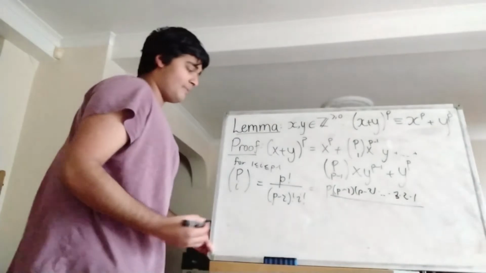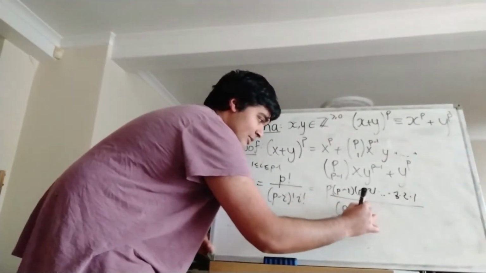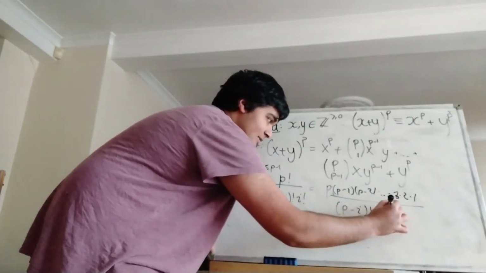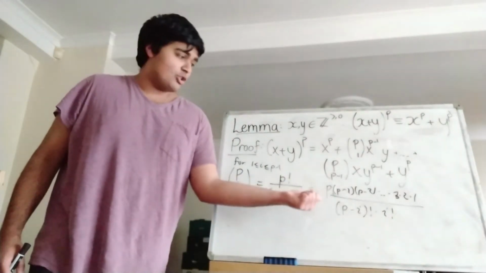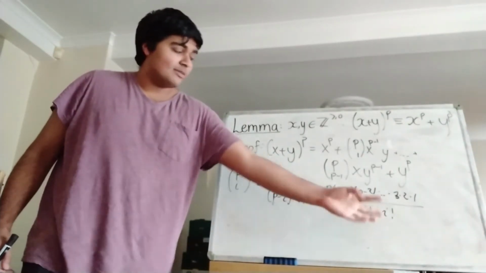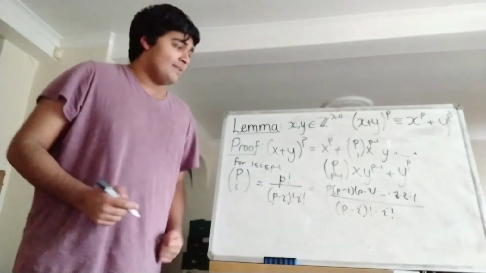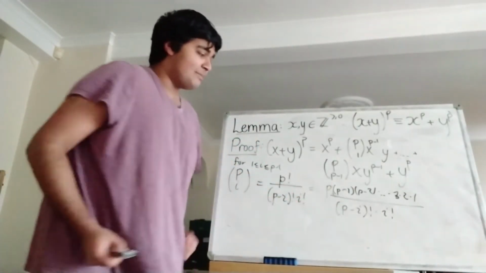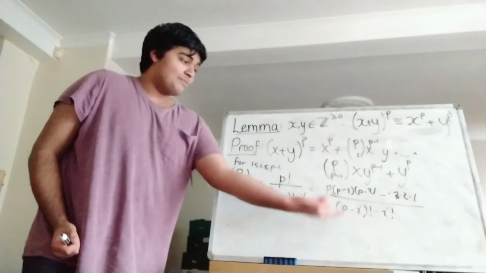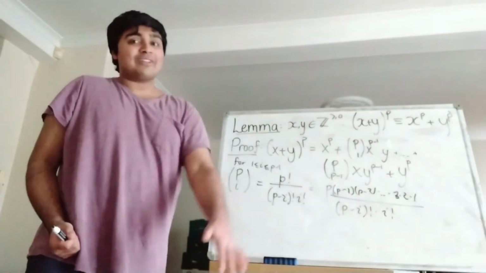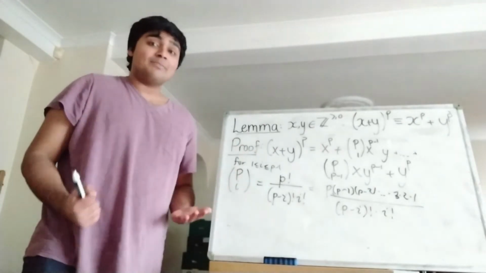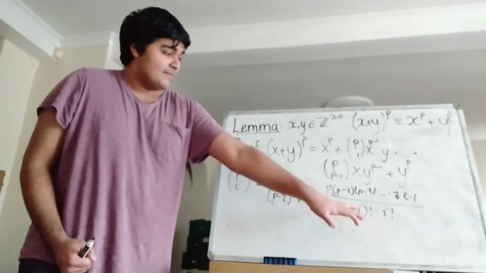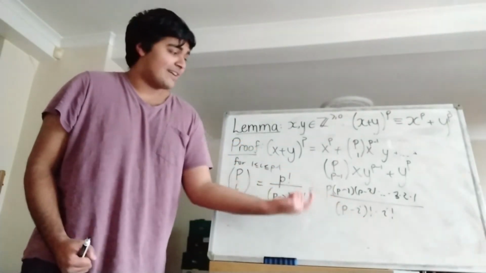And on the bottom, we've just got (p minus i) factorial times i factorial. Now, the thing I want to highlight is we've got a p on the numerator here, but on the bottom, we do not have a p. And the reason for that is, because i is at least 1, p minus i is going to be strictly less than p. But because p is prime, no number less than p has a factor of p, or shares any common factors with p.